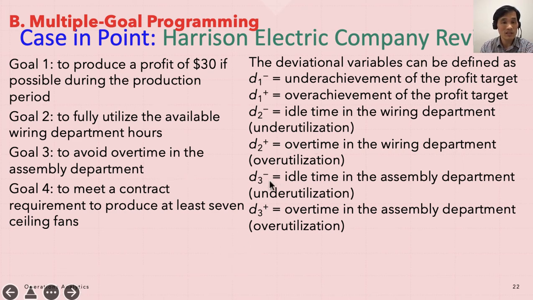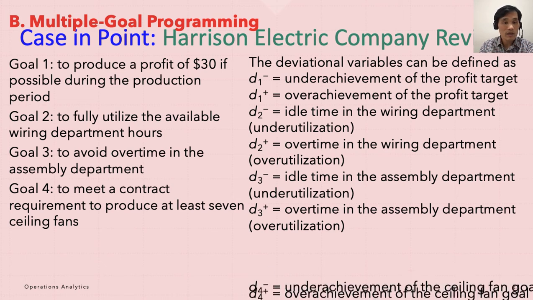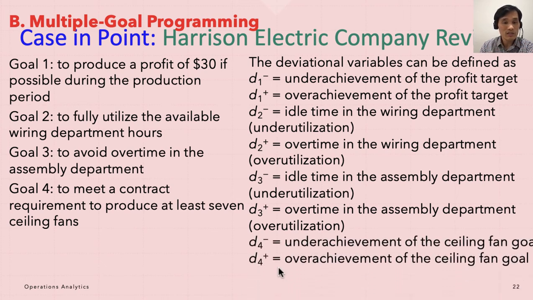And D3 minus means idle time. You do not overuse them, but use less than the capacity. D3 plus is overtime.